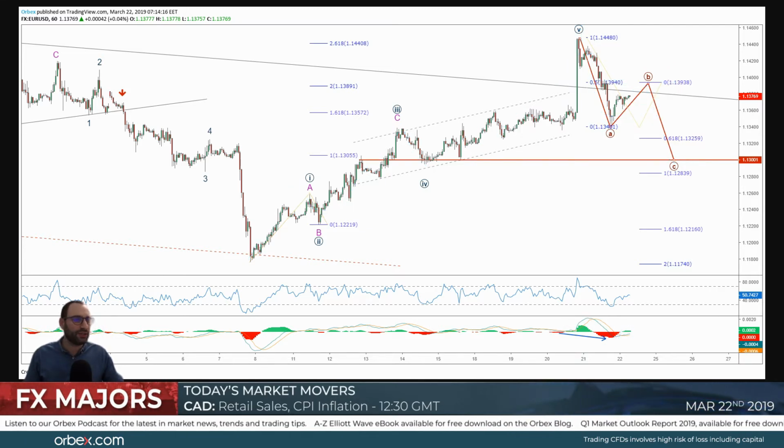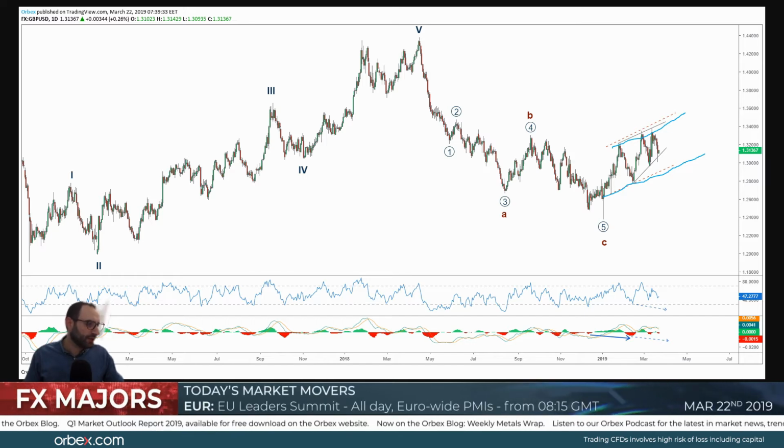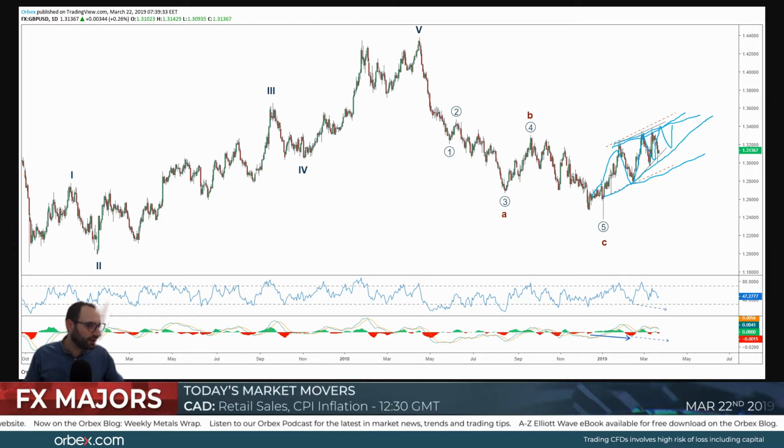Now, when I jump quickly down on the pound, on the daily chart, we see prices still move within this sort of ascending channel. Okay, so I wouldn't be surprised if we see something like this. Prices could be maintained within this triangle pattern, or we could see prices moving all the way down to that level.